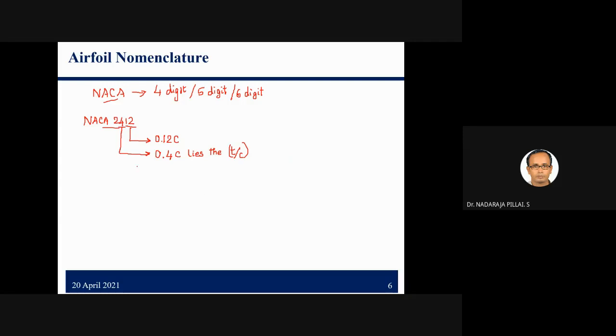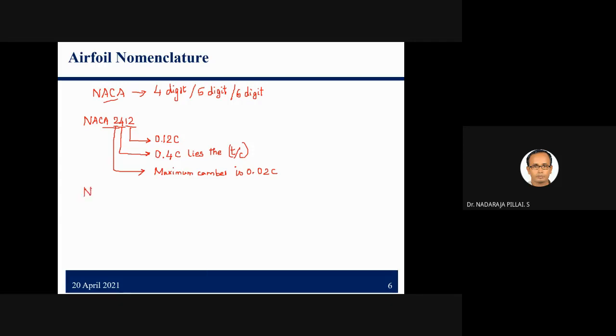What is 2? The maximum camber is 0.02 C, and it is located at 0.4 C from the leading edge, and the maximum thickness is 0.12 C, right?